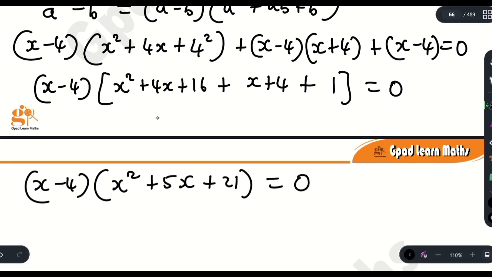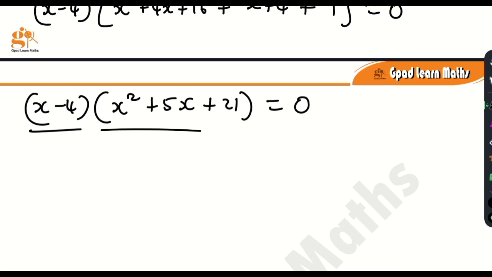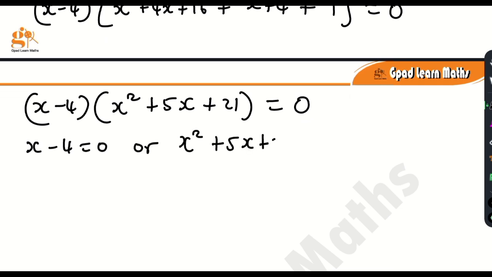So I'm going to use the zero product rule here, because the product of these two factors is equal to 0. It means that either x minus 4 is equal to 0, or x squared plus 5x plus 21 is equal to 0. So if I take minus 4 to the right hand side here, I will have that x is equal to 4, or this other equation.